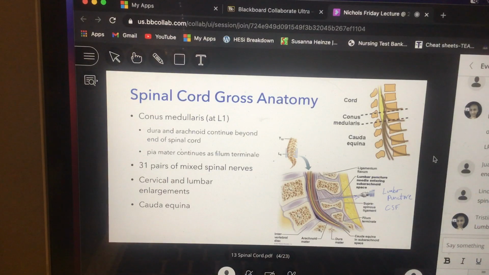Yeah, so that is the long answer to the question at the top of page 168. Why is it significant that the spinal cord ends, let's see if I can put it on this diagram, about where the spinal cord would come to an end. It's kind of this cone shape, that's why it's called conus. So this would be the end of the spinal cord, and it just goes on up right there, and it ends right there.